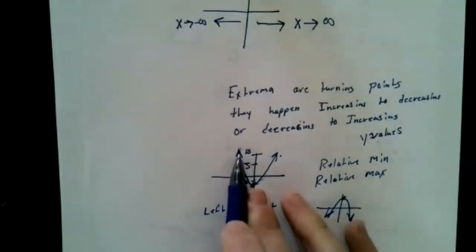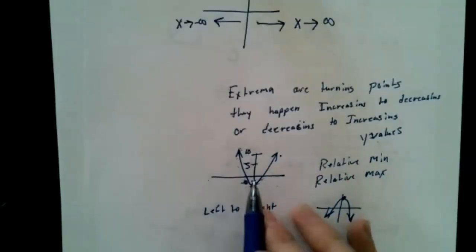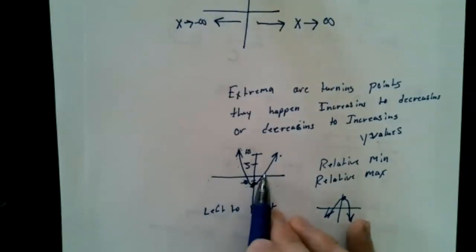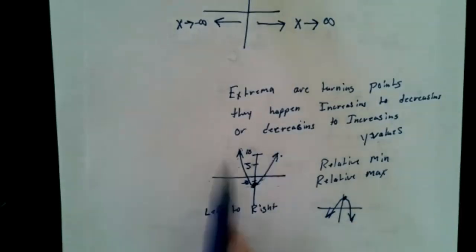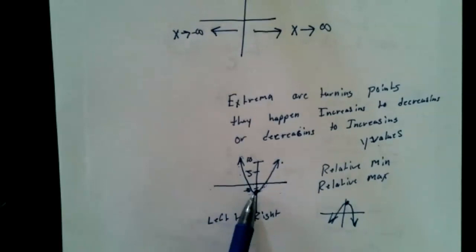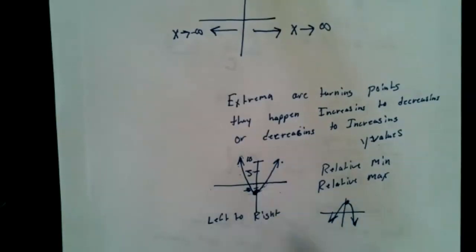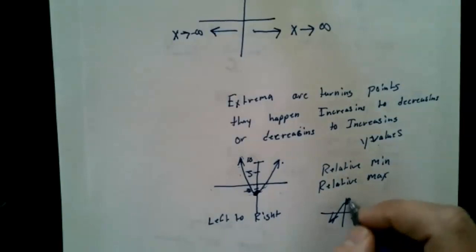You can see I started at 10, and then I went to 5, then I went to 0, then I went to negative 5, then I went back up to 0, then back up to 5, back up to 10. Okay, so I was decreasing, decreasing, decreasing. I hit a point, and then I began to increase again. Okay, this point, the lowest point, or where it begins to turn, is known as an extrema point.